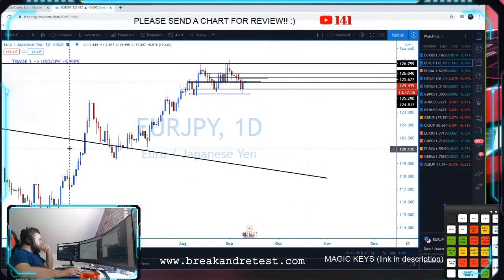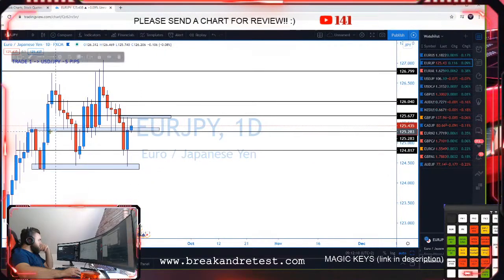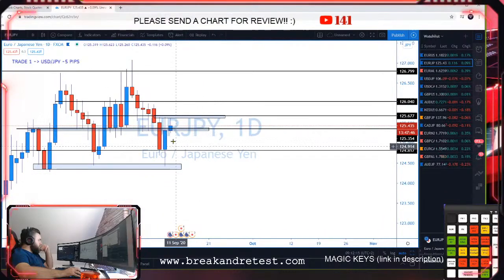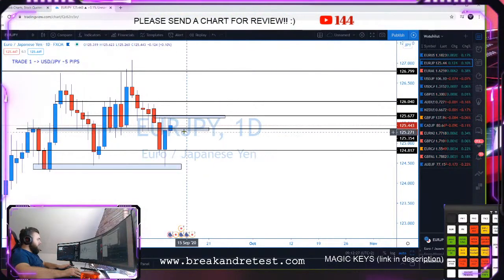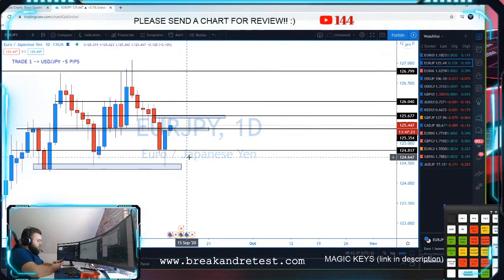Let's take a look at the daily. So the daily it's still closed below the daily retest. If you can see, it got rejected and closed below. Yesterday I said that it could be a nice trade if we would enter on the retest at 125.300 400, but we had these Euro news yesterday, so we did not take the trade.